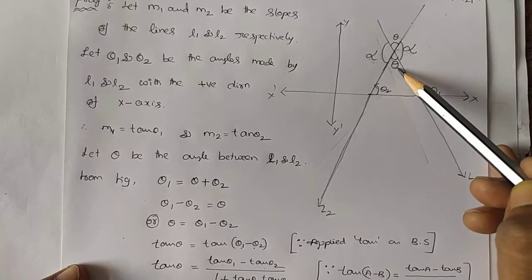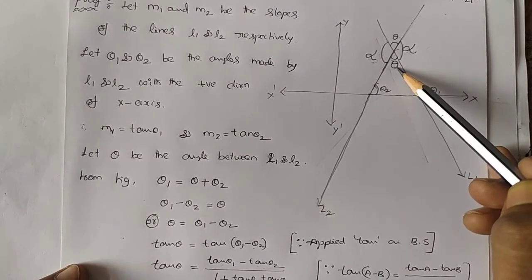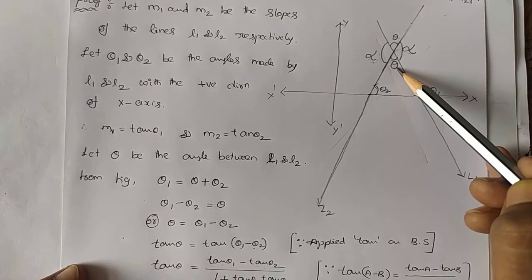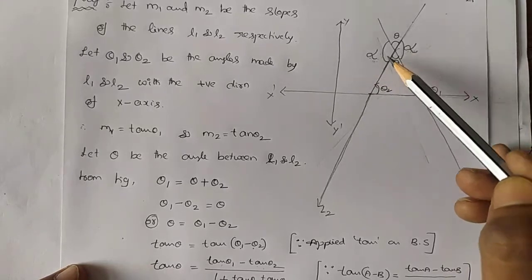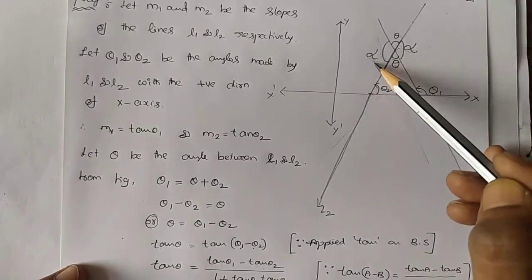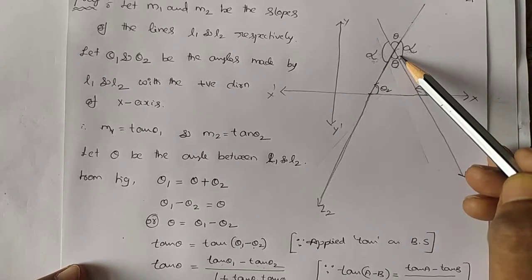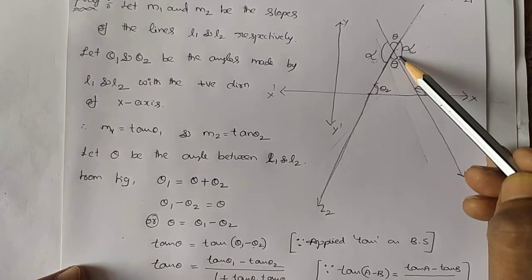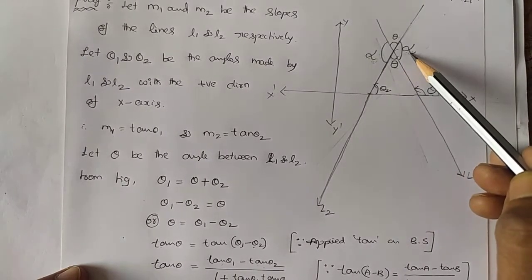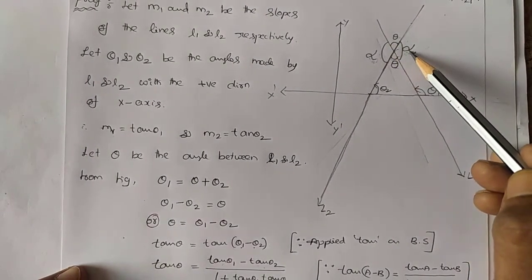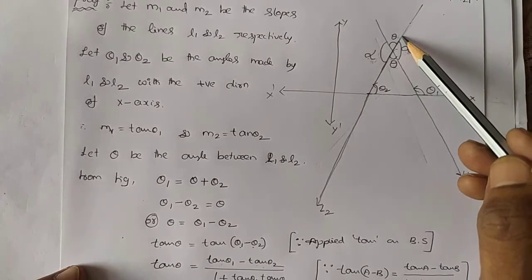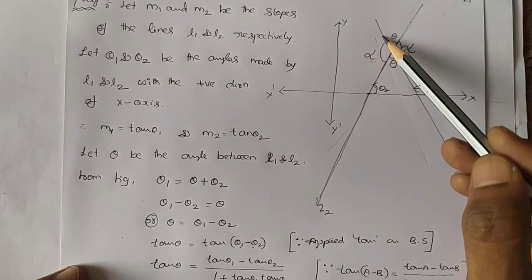This angle we found that tan theta equals m1 minus m2 divided by 1 plus m1 m2. Next we need to find the angle alpha, the angle alpha with the obtuse angle between the lines L1 and L2.